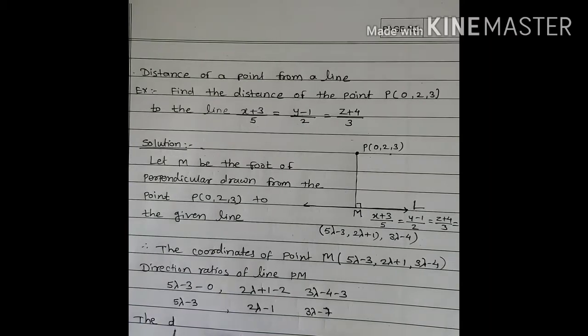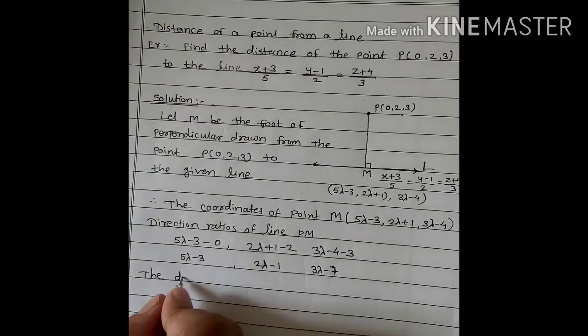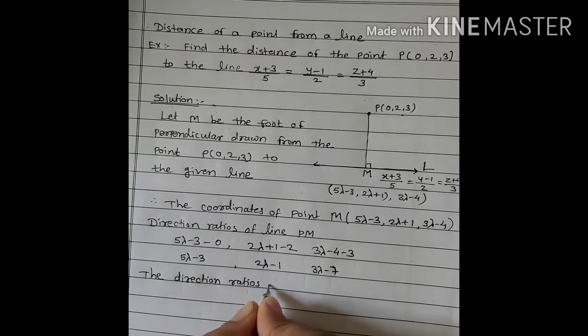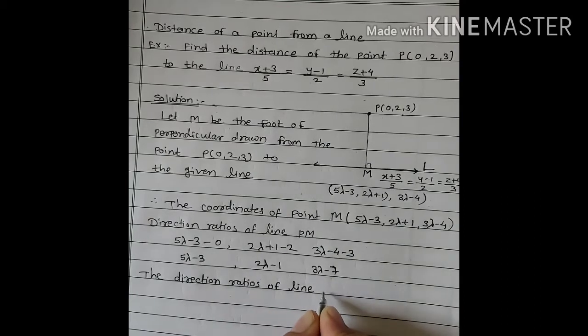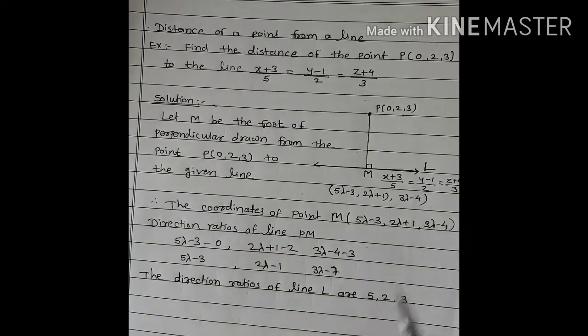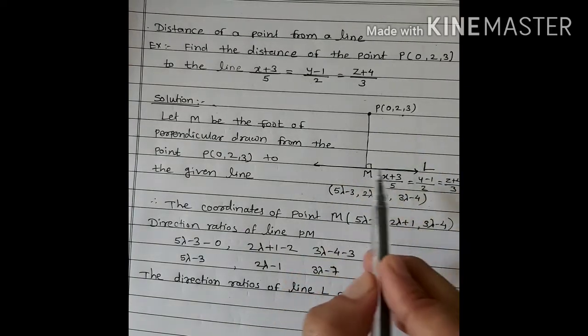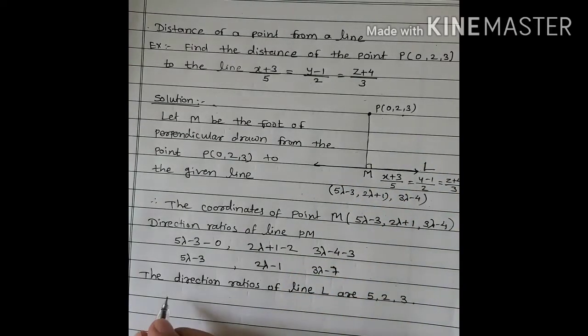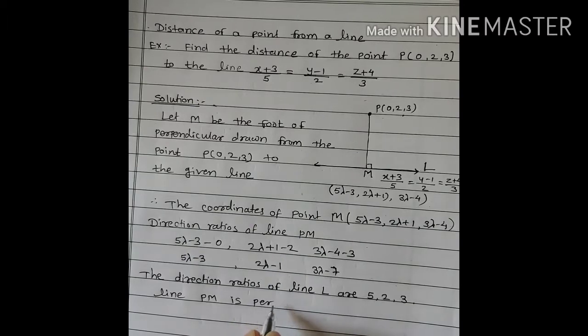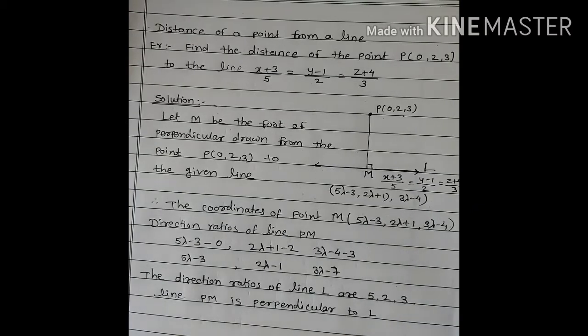The direction ratios of line L are 5, 2, 3. Observe here, this PM line is perpendicular to line L. Line PM is perpendicular to L. Ratios between direction ratios.